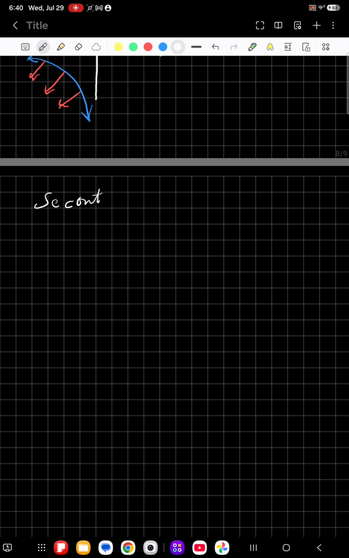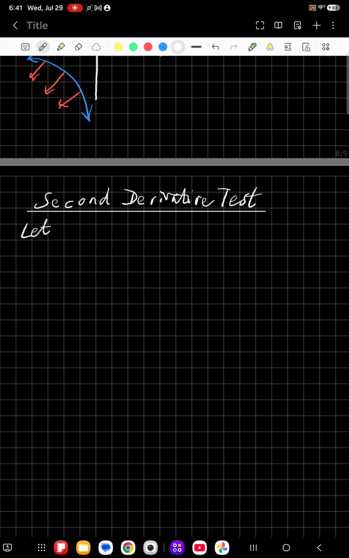Second derivative test. And we have kind of seen it already, but let me write it again.